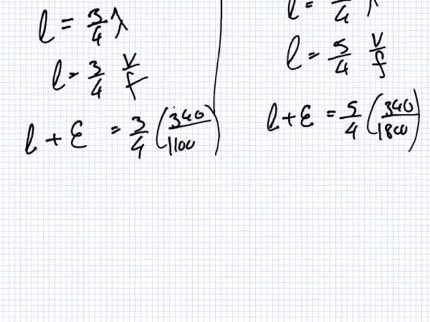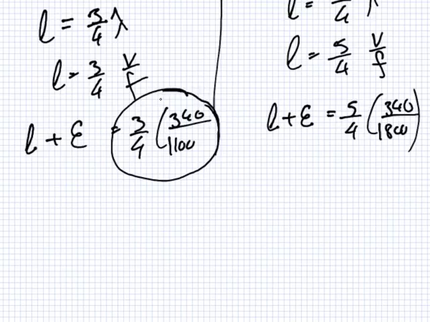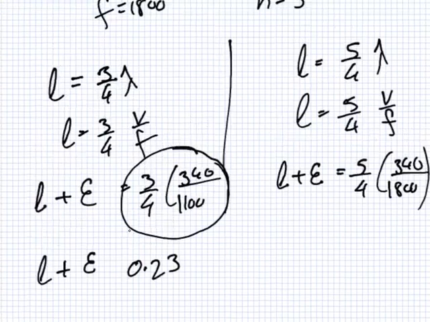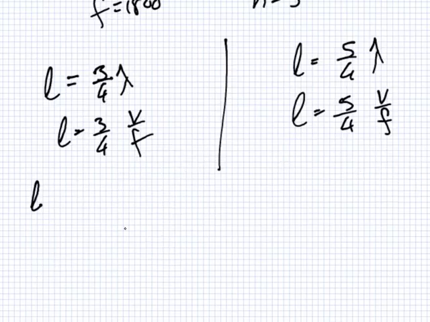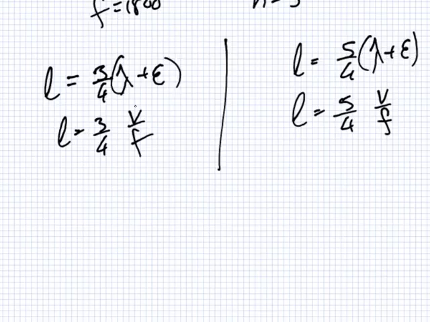So, Yusuf, can you type this in? 0.23, thank you. And no, do you know what? I'm sorry, there is a mistake here. I should have put the error on the wavelength, I'm very sorry. So there should be plus error here, here, here, and here.